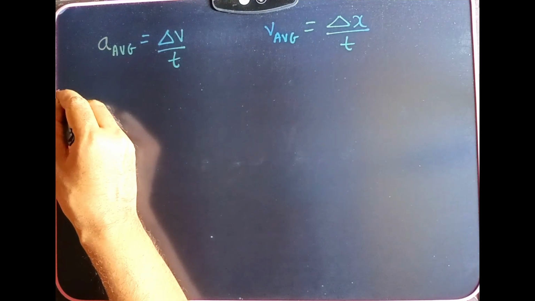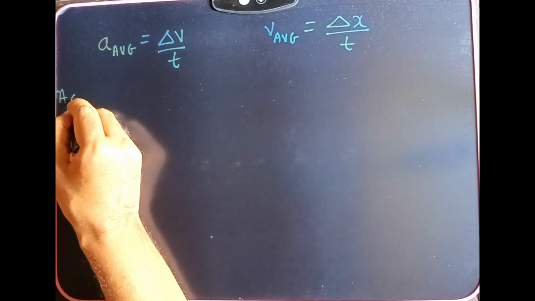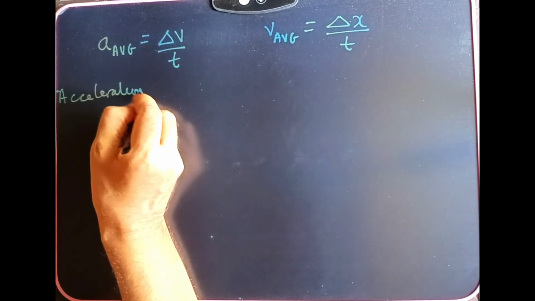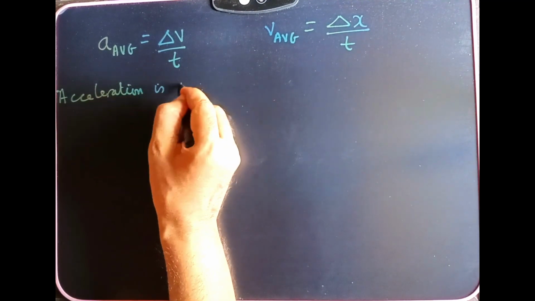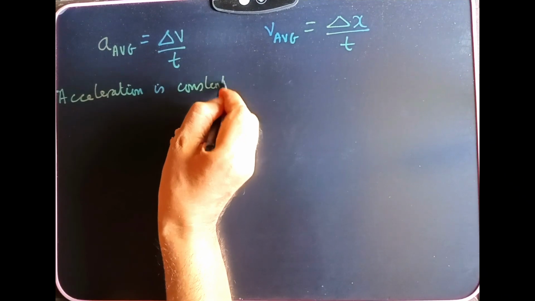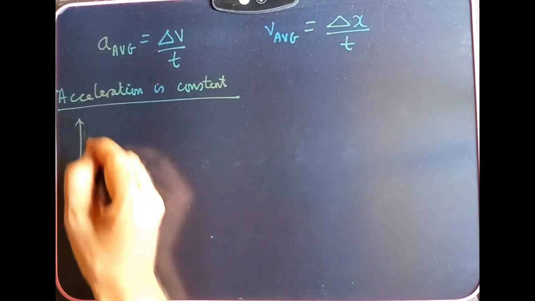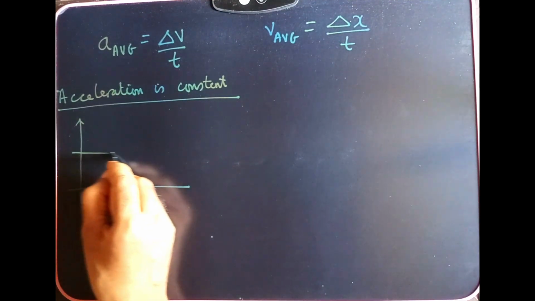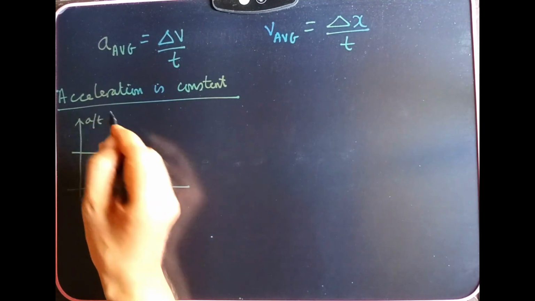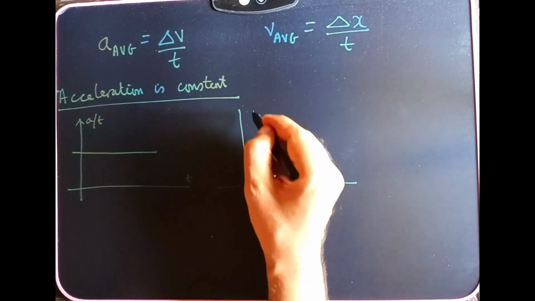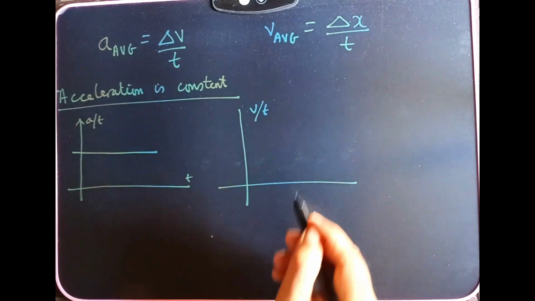Now, when acceleration is constant, we have seen that we can represent it in a graph this way. This is the acceleration time graph. Then the velocity time graph, how will it be plotted?